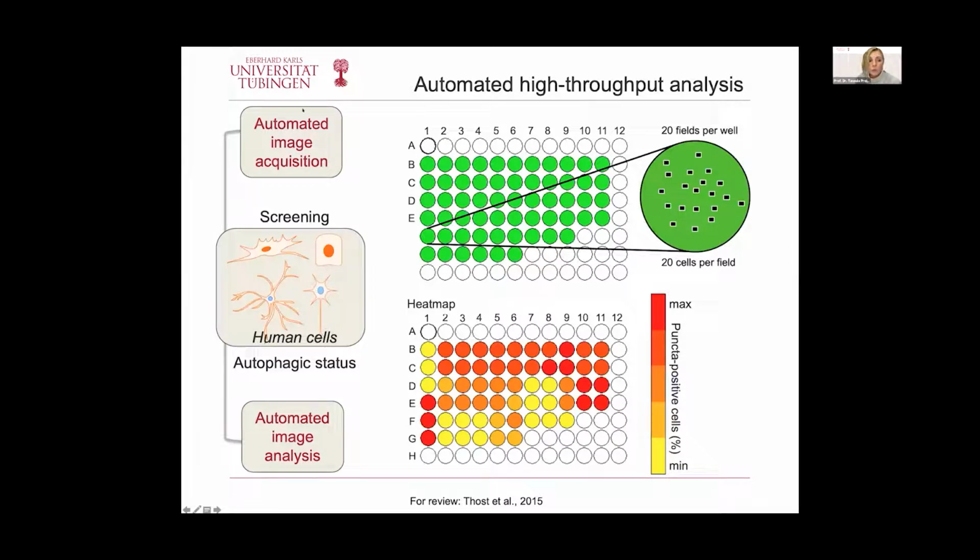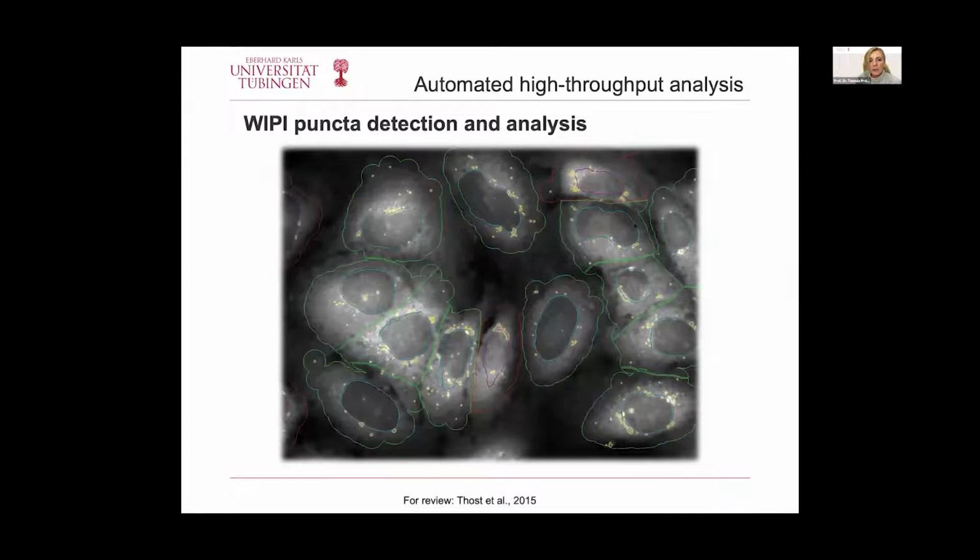We conduct automated image acquisition, followed by automated image analysis, where you can see a heat map here. When we look at the individual fields, we can nicely detect the cell, the nucleus, and autophagosomal membranes.